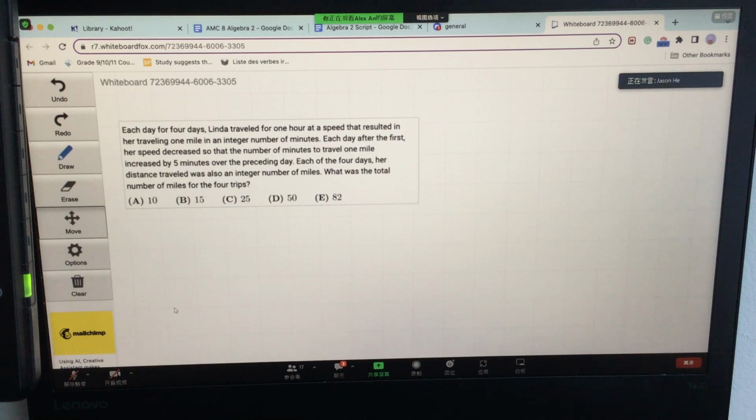Okay. So first, you need to remember that for this question, distance is equal to speed times time. In this question, we want the distance, and from the question we have the information.